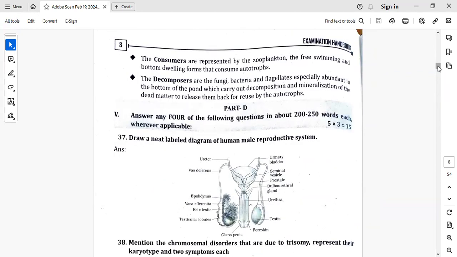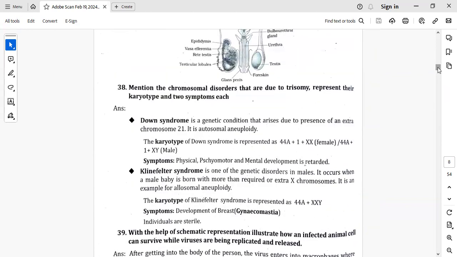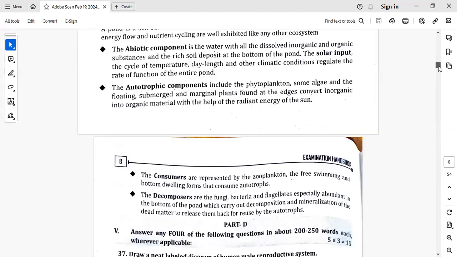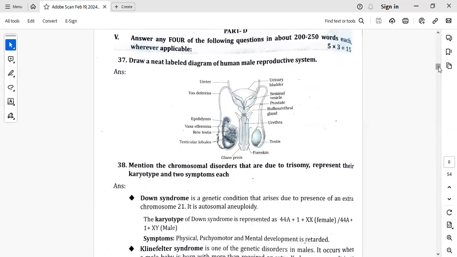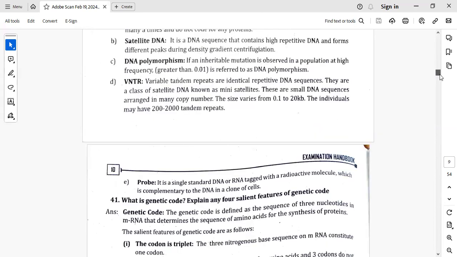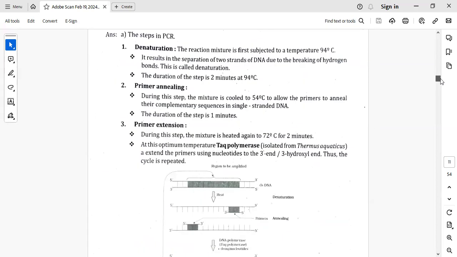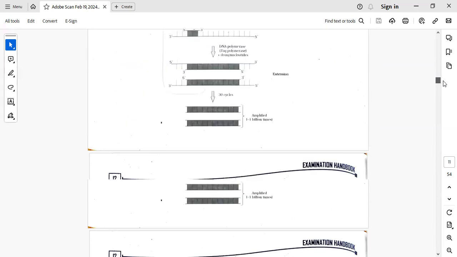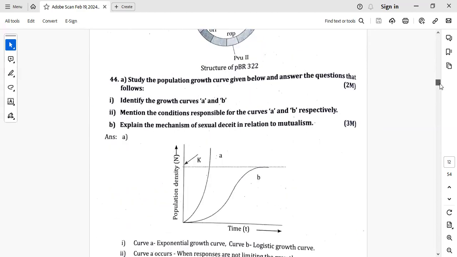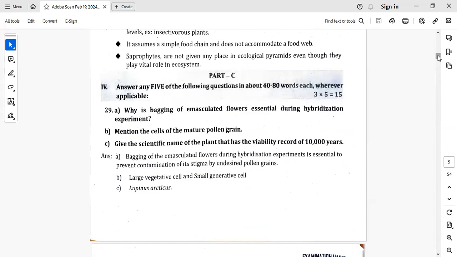It is also split into section 1 and section 2. Section 1, or the fifth main, consists of 5-mark questions where you have to answer any 4. In section 2, you have to answer any 1. So quickly, let's start with the first model question paper.